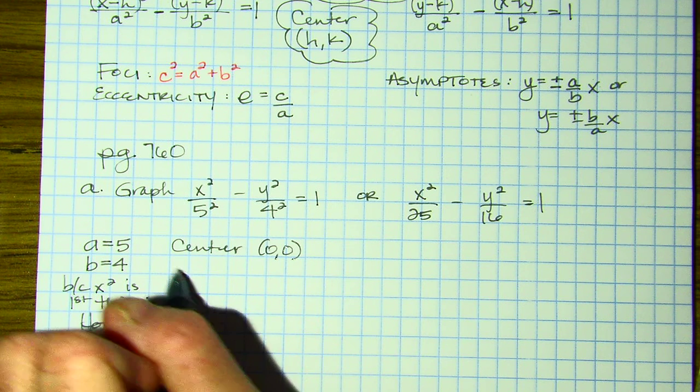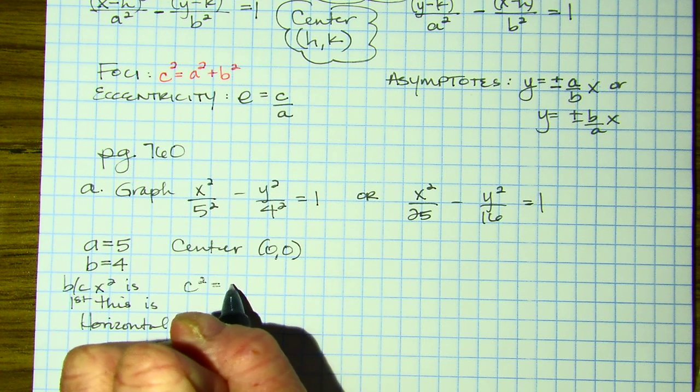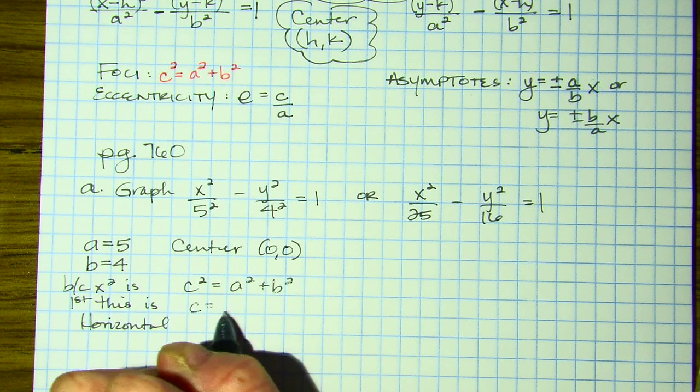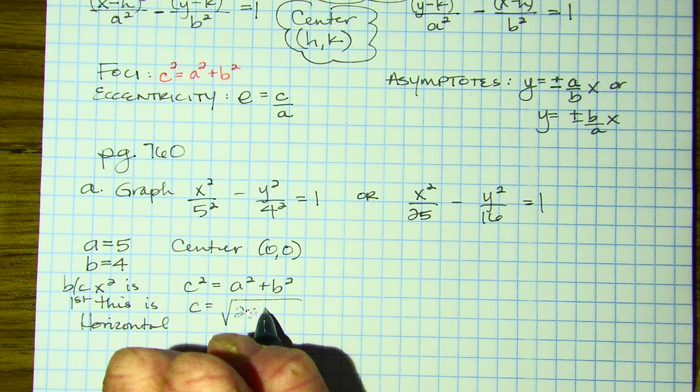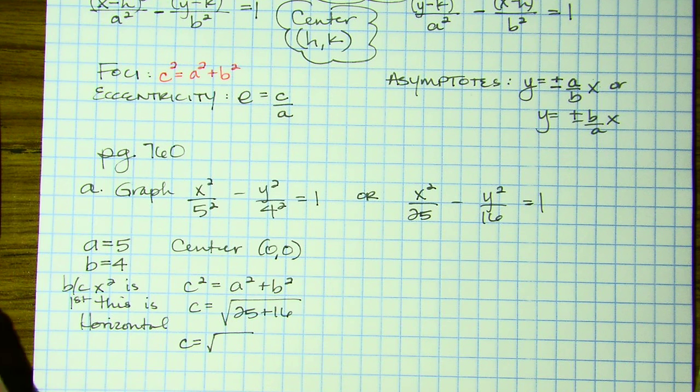I now have to find c. c squared equals a squared plus b squared. So c equals the square root of 25 plus 16. So c equals the square root of what? I think that's 41. And the square root of 41 equals 6.4.